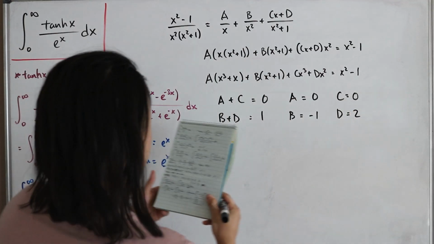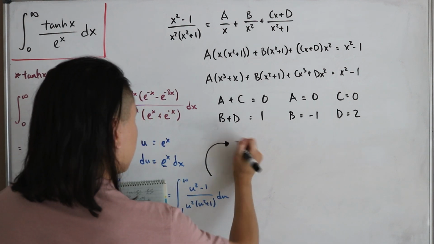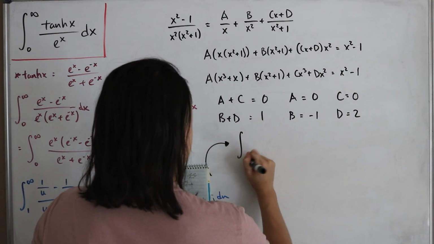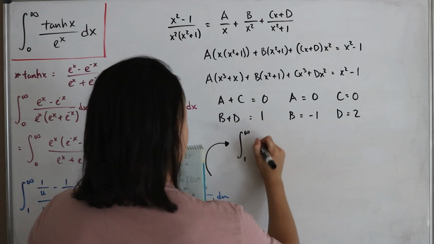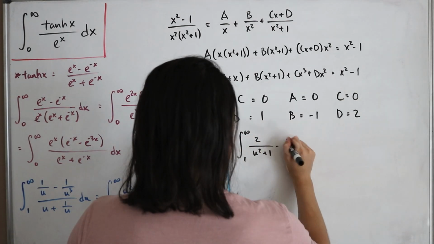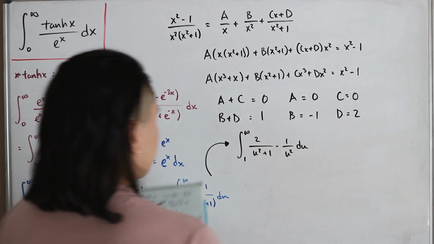Okay, so continuing forward after applying partial fraction decomposition, our new integral is from 1 to infinity of 2 divided by u squared plus 1, minus 1 divided by u squared, du.